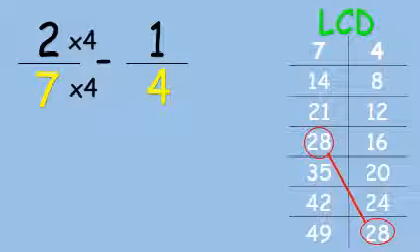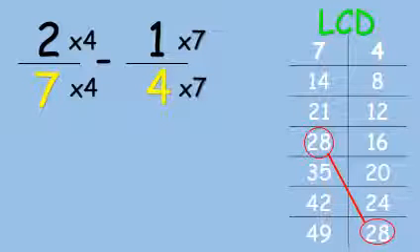What are you going to multiply to the fraction 1 over 4 to make the denominator 28? 7. That is correct. Remember, whatever you do at the bottom of the fraction, you must do to the top of the fraction.